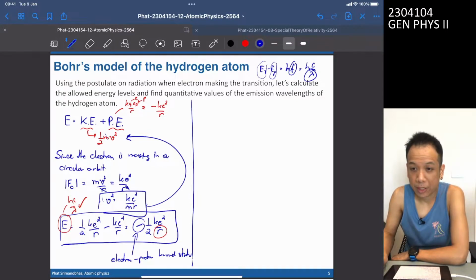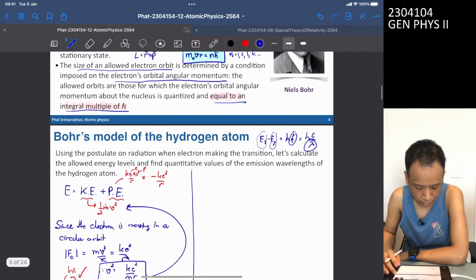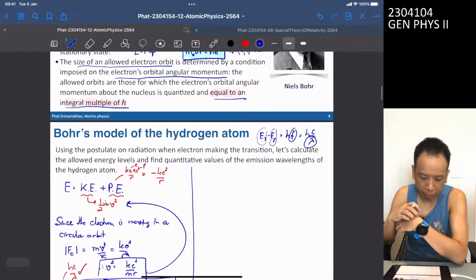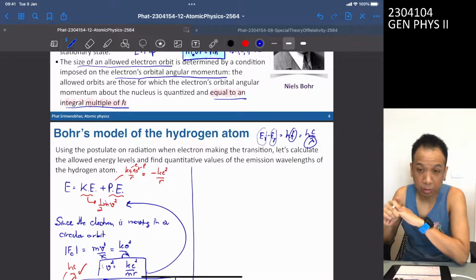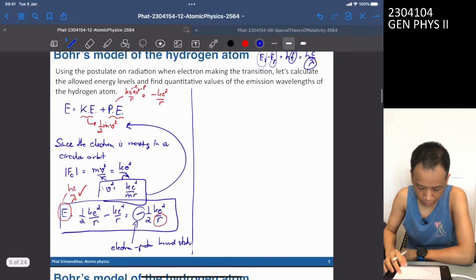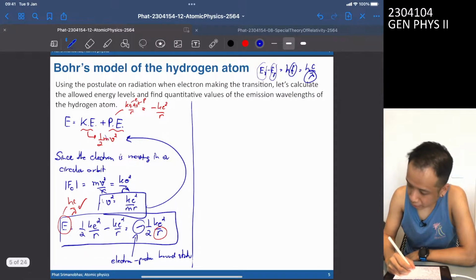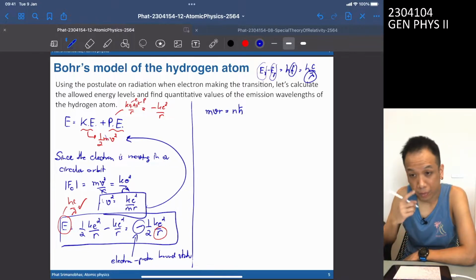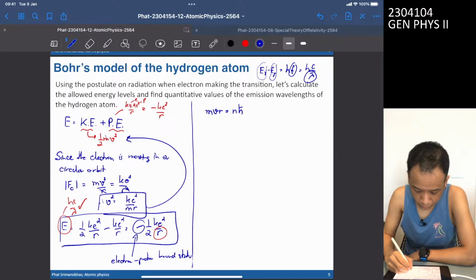For the radius, you use the third postulate of Bohr. The size of the angular momentum is equal to an integer multiple of h bar. So you have mvr equal to n h bar. You need to replace v, right, to get the r.